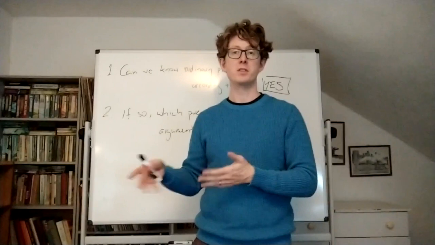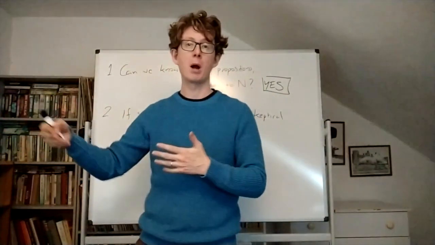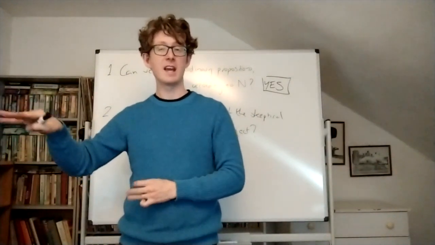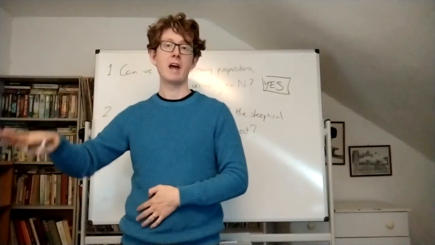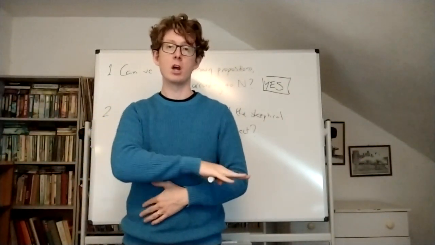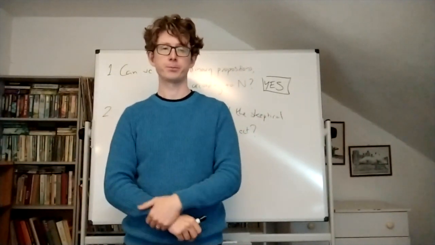The second premise was this conditional premise, which linked knowledge of ordinary propositions to knowledge of heavyweight propositions. In particular, if you don't know a heavyweight proposition, like that you're not a brain in a vat, then you also don't know an ordinary proposition, like that you have hands.